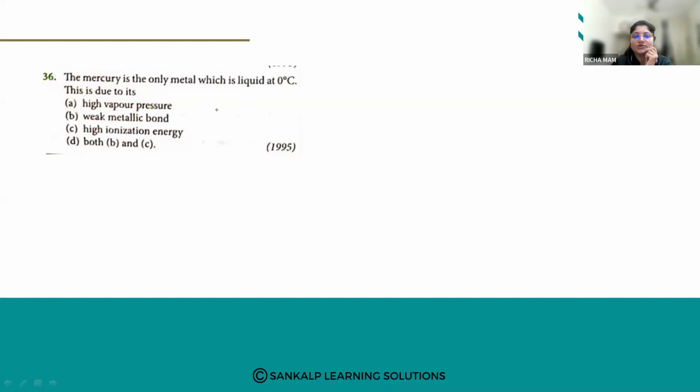So the answer is D. Option number D means both options B and C are correct. Because of high ionization enthalpy, it is very difficult for the electrons of mercury to form metal-metal bonding. Because of that, it is liquid at 0 degrees Celsius.